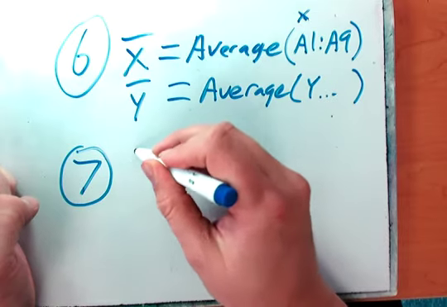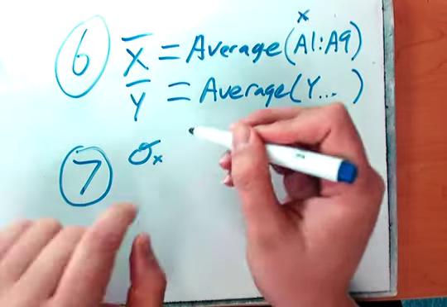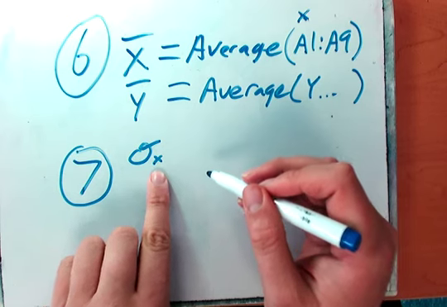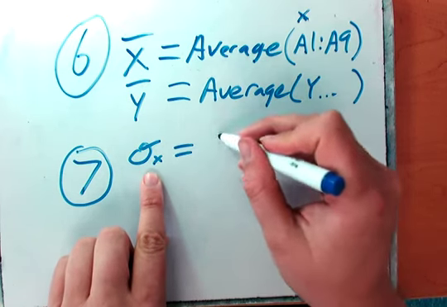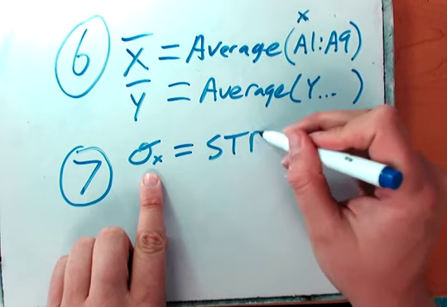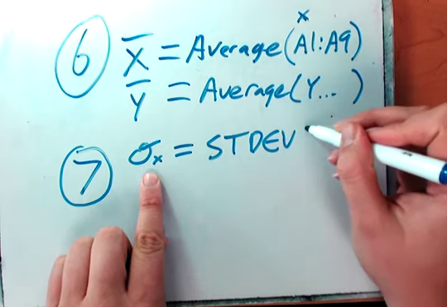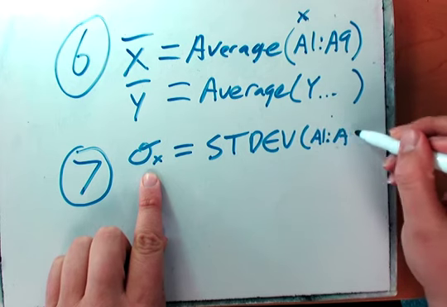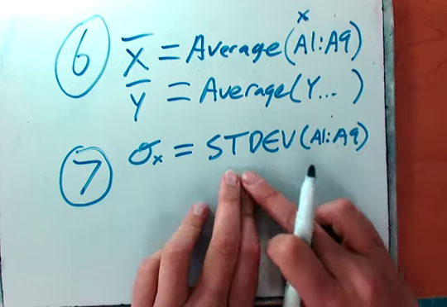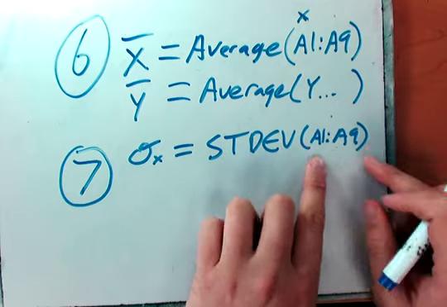Question 7 is a standard deviation. Now, I'm going to note that the standard deviation of X, that's of the X set of data, is going to be calculated by STDEV and selecting that same data, A1 to A9. Standard deviation, putting that in there.